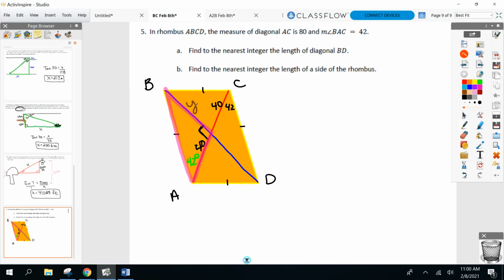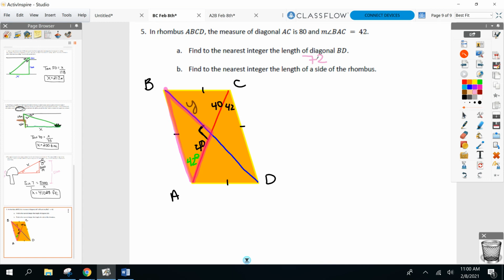So I'm done right now. You guys are figuring out part A and B now. You see the right triangle we created. We just went over how to find diagonal BD: find half of it and then double it by using sine, cosine, tangent. And then you can figure out how to find a side on your own. I am just going to write what you should get and then see if you can get there. Diagonal BD, you should get a length of 72.